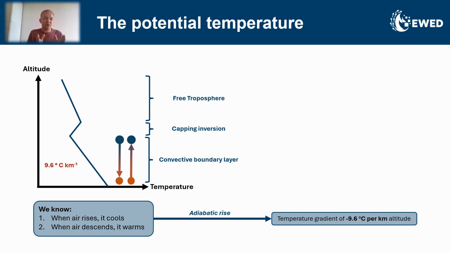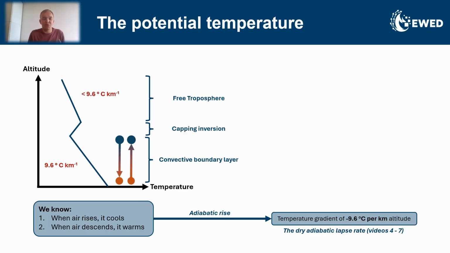And this value might seem a bit arbitrary, but you have seen it before, because this is the value of the dry adiabatic lapse rate, the line that you have been using in this QTs to determine the boundary layer height in videos 4 to 7 with Brian Verhoeven. And an important note here is that the convective boundary layer, because of this constant rising and descending of parcels, fits this 9.6 degrees per kilometer very nicely.